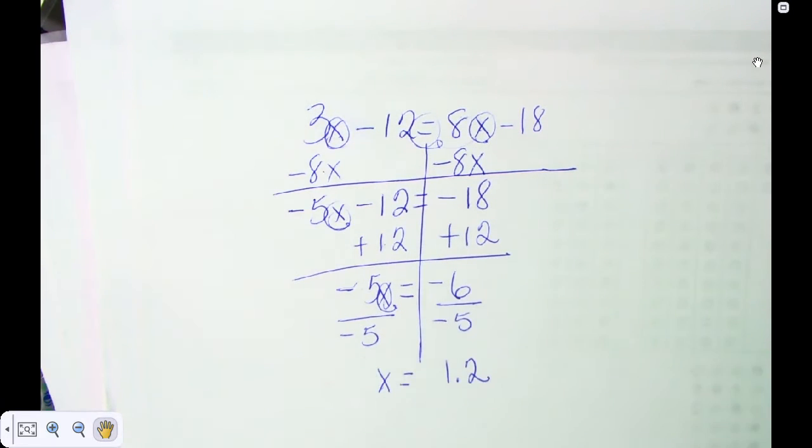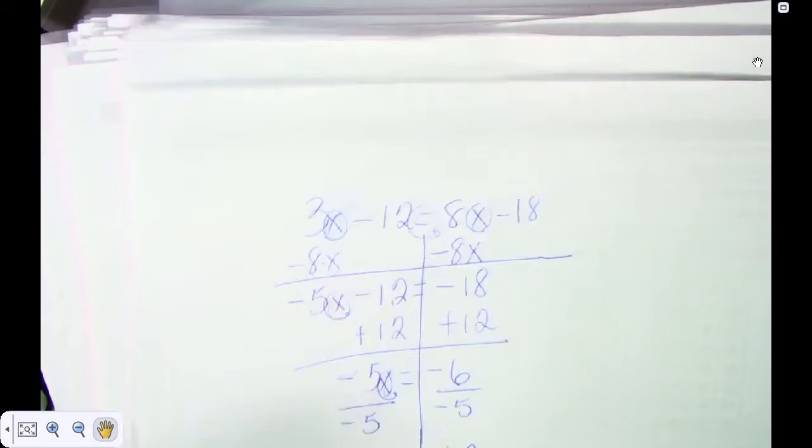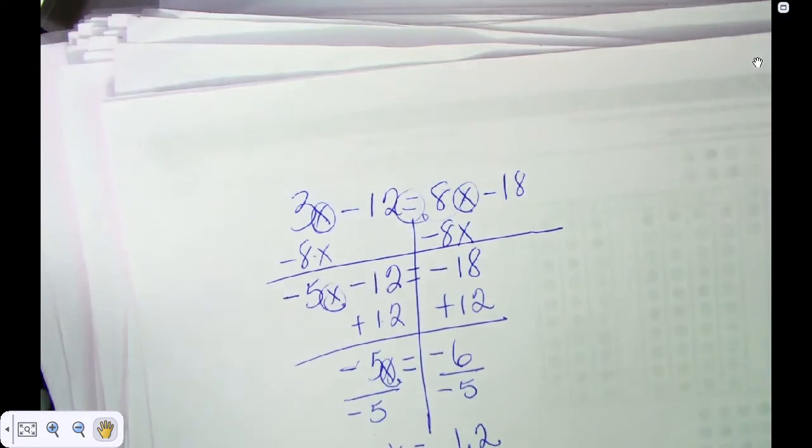So when you get your checkpoint right back on number 6 and you didn't get it right, or you got an XW, then what I need you to do is write the problem over here in this blank page.